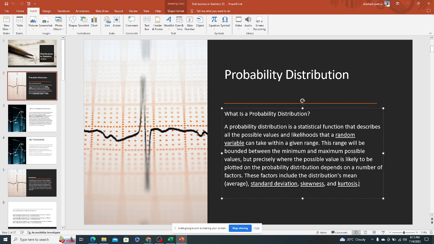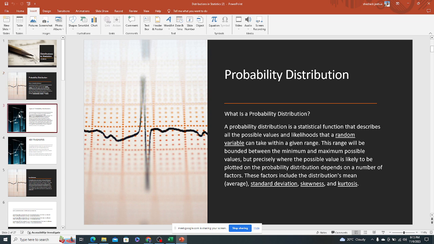Remember that during our descriptive statistics, there was one measure which we did not cover, that was measures of asymmetry. Under measures of asymmetry, we learn about skewness and kurtosis.